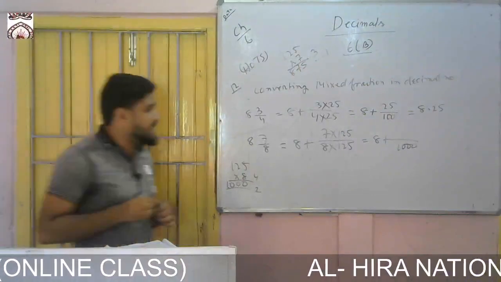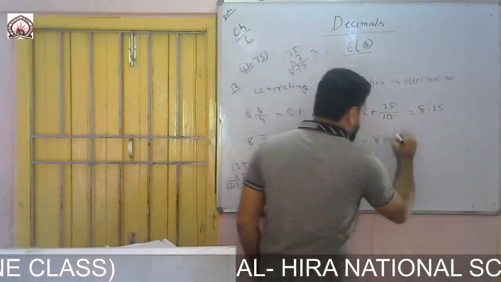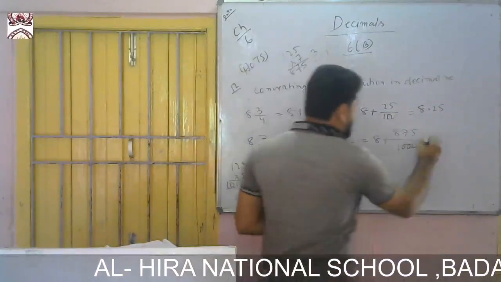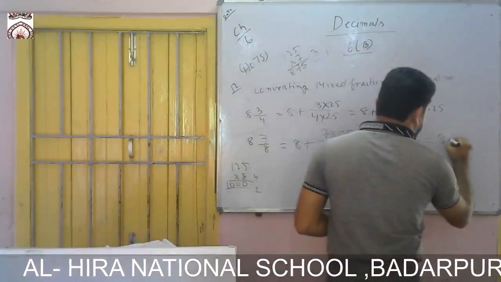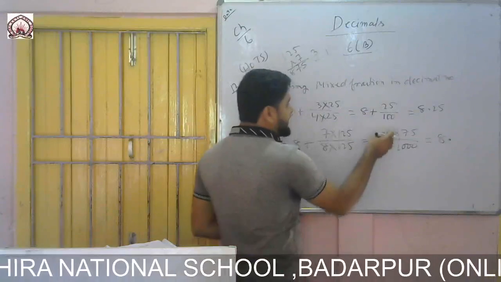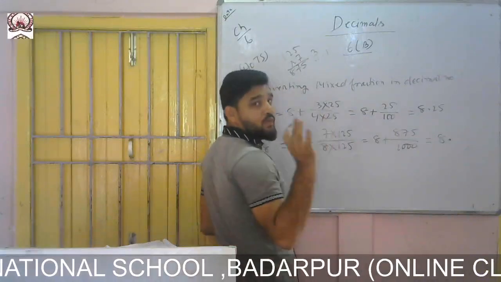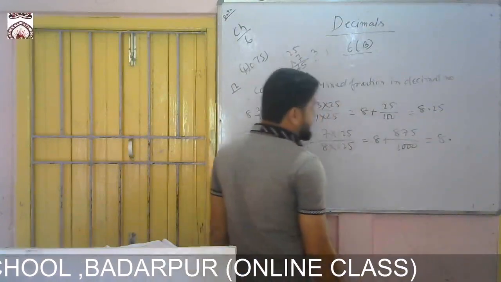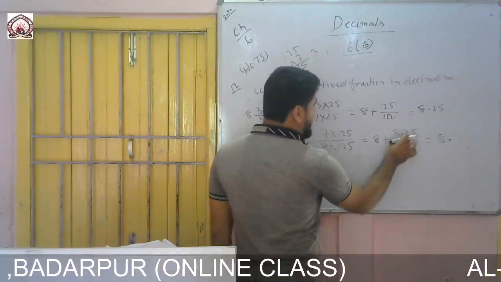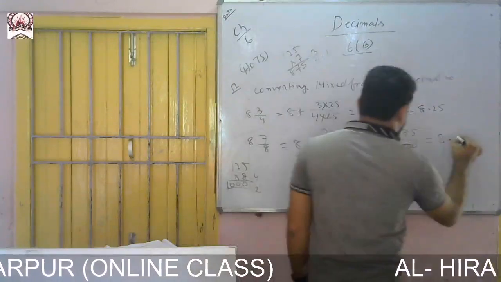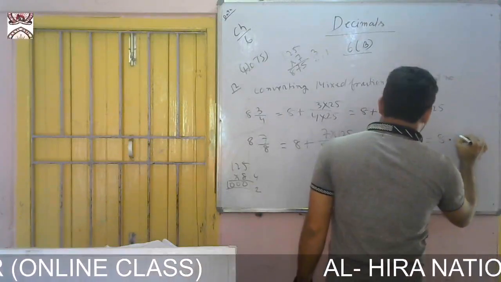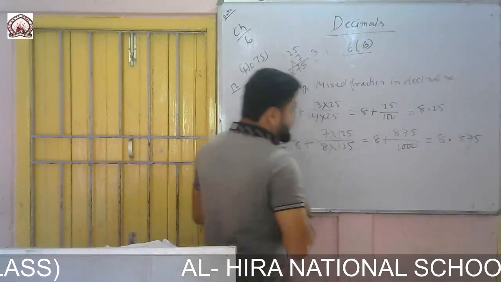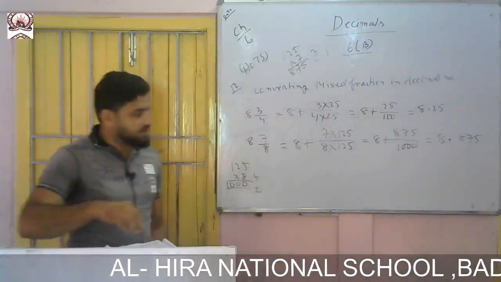So 875/1000. Now I can write this as 8 point, as in the expanded form, 875 by thousands. So 1, 2, 3: the point will shift 3 places. So it is 8.875. 8 point 875.